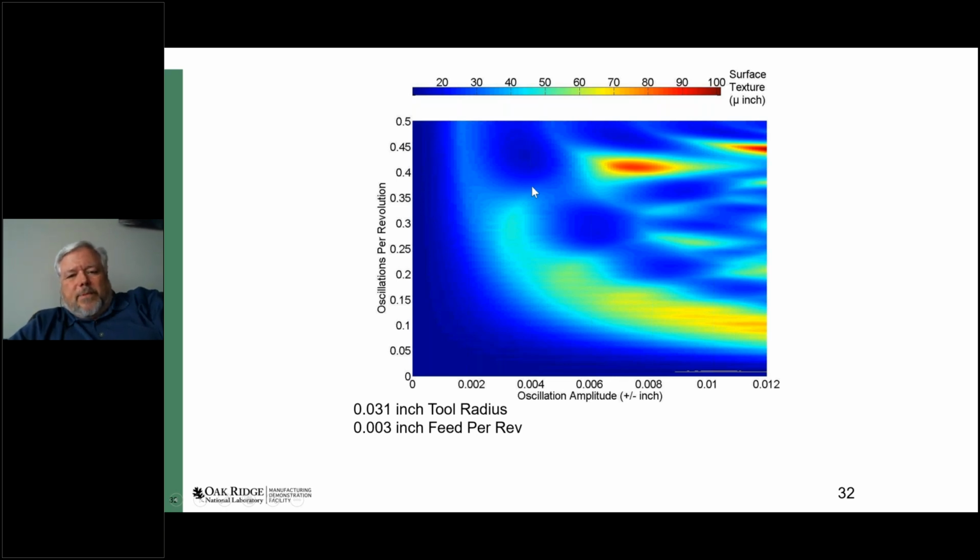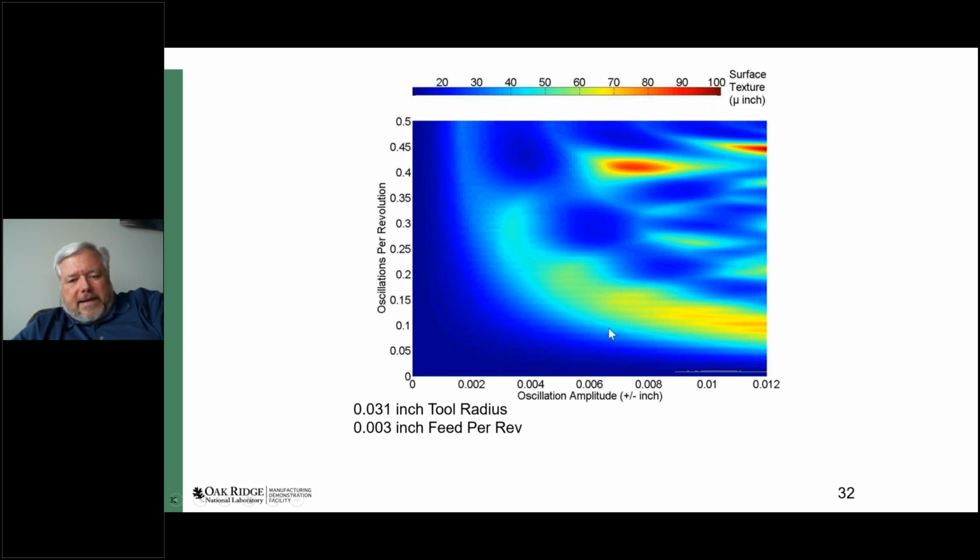So, for example, there's a place where if the amplitude of the oscillation is around 4 thou, and I'm getting a little less than half of a cycle of the motion per revolution, then the chips break and the surface is good, right? So that's a good spot.